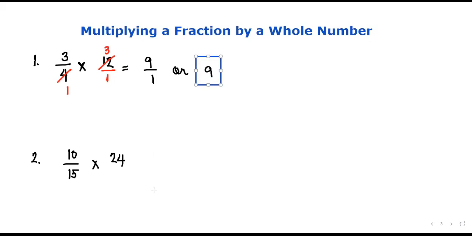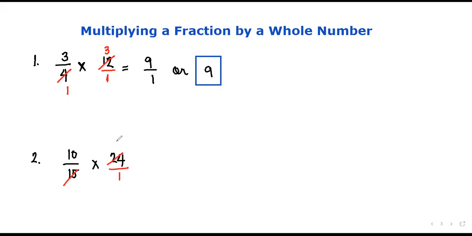Next, for the second number, it's the same thing. 10 fifteenths times 24. Again, you may write a denominator for 24 so that you will not get confused about which ones to pair. In this case, you're going to pair 15 and 24. Their GCF is 3.